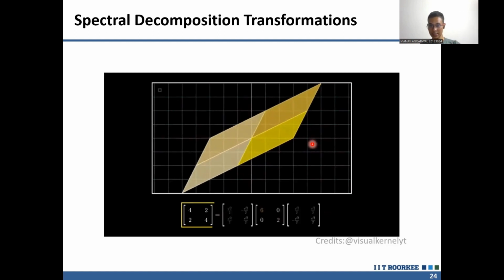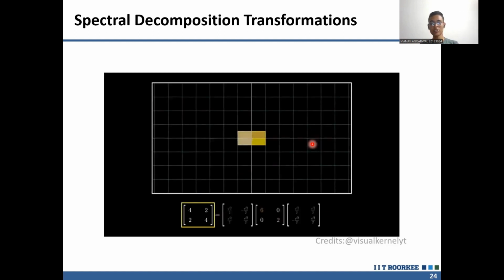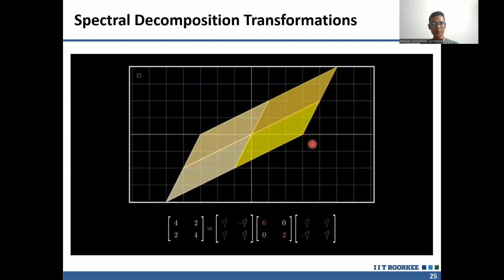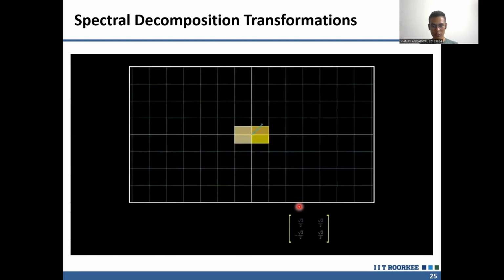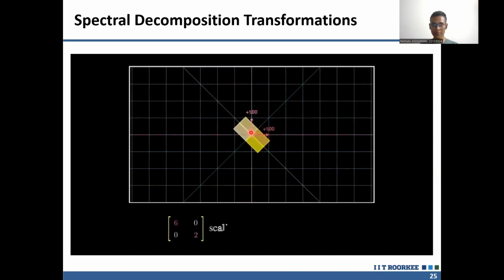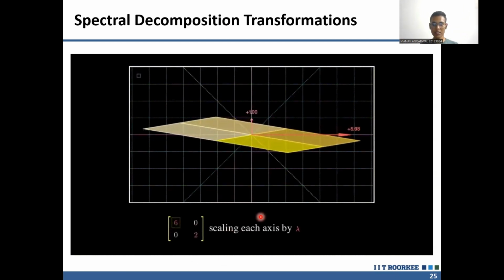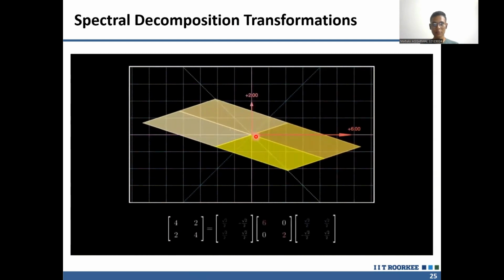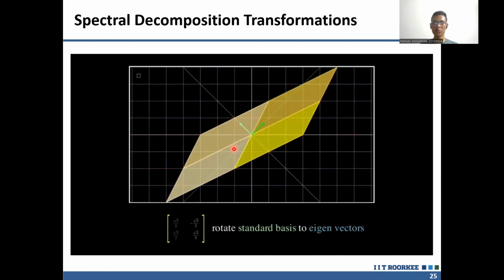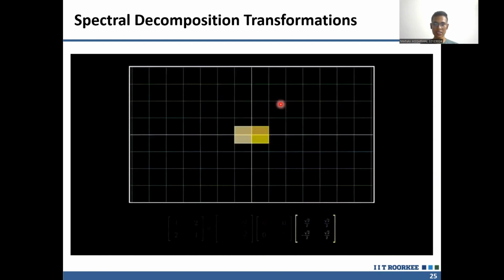Now, exploring its decomposition and seeing the transformations in their elementary form is what we are going to do. The first transformation will rotate the plane from its eigenbasis to its standard basis. This is where the 90-degree angle comes into play. Now, the lambda matrix will scale each axis with its respective scaling factor. Finally, the Q matrix rotates the standard basis back to the eigenvectors' original basis.